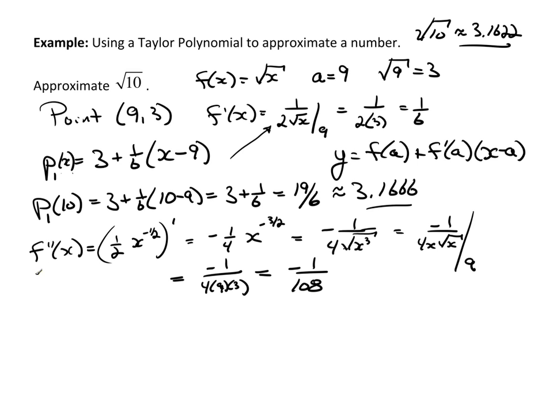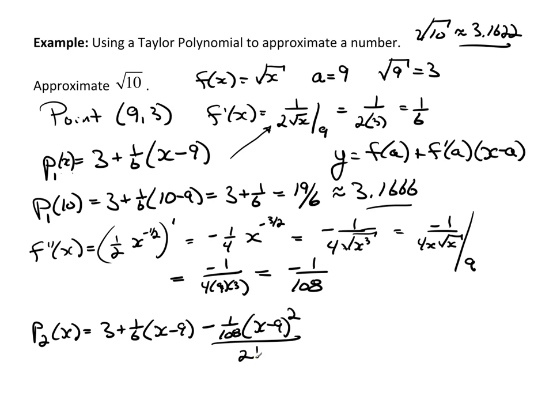So my second degree approximation is going to look like 3 plus 1/6 times (x minus 9) minus 1 over 108 times (x minus 9) squared over 2 factorial. And now if I evaluate this at x equals 10, so P2 of 10 equals, well, I already know what this piece is.